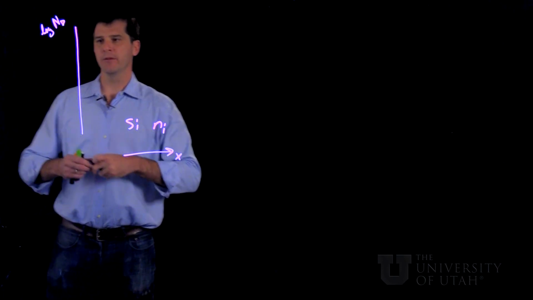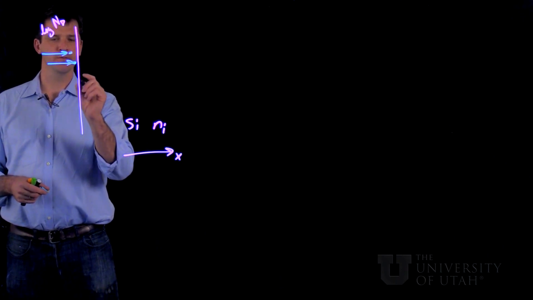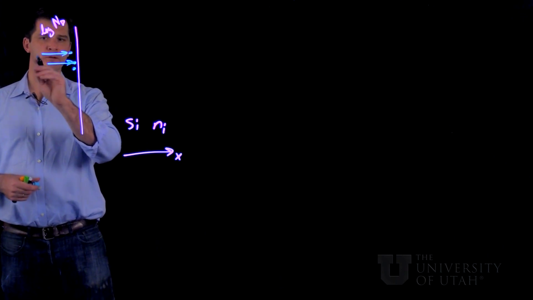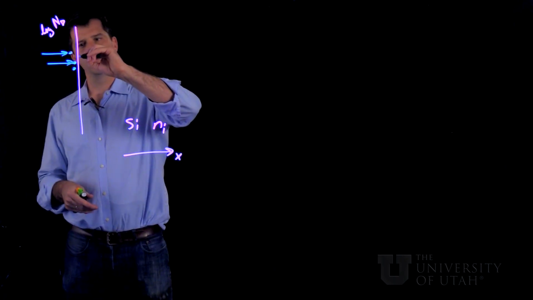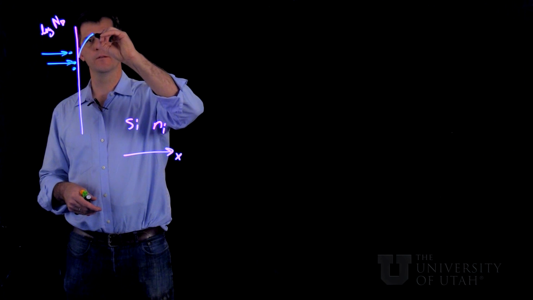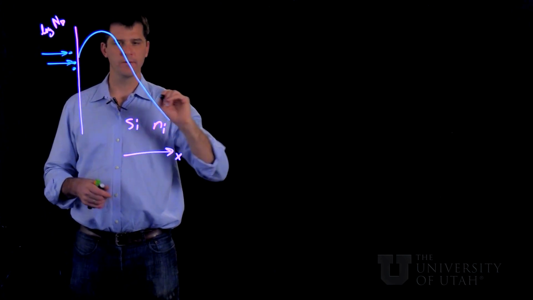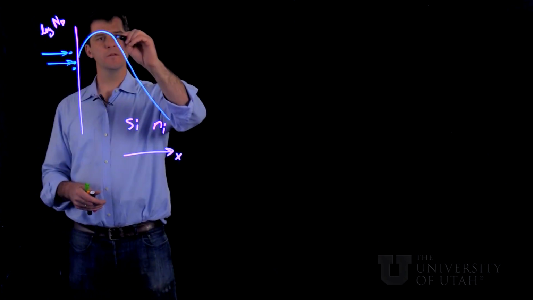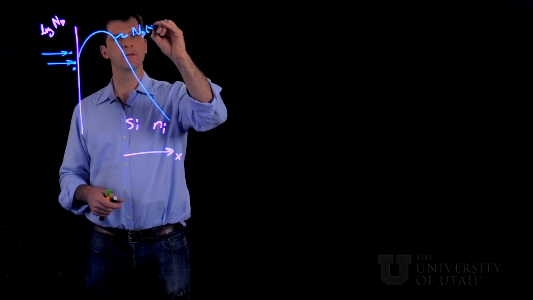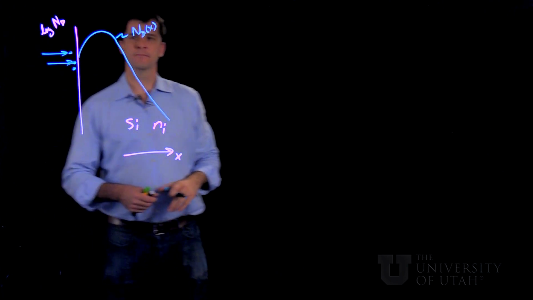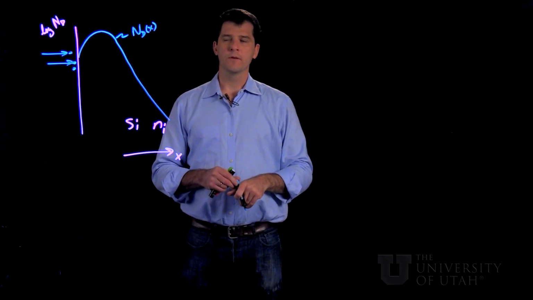Now, ion implantation is a common process in semiconductor fabrication, and it literally shoots dopant atoms into the material. And what results is a concentration profile that looks something like this versus distance. So now our ND is a function of x. So what are the consequences of this?